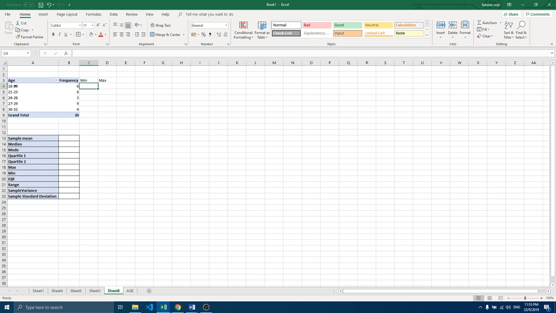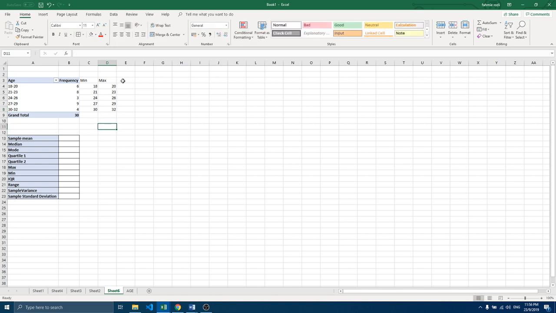Okay, this is the group. 18 is the minimum age, and maximum age is 20 years old. This one 21 and 23, 24 and 26. This one minimum is 27 and maximum 29, 30 to 32.